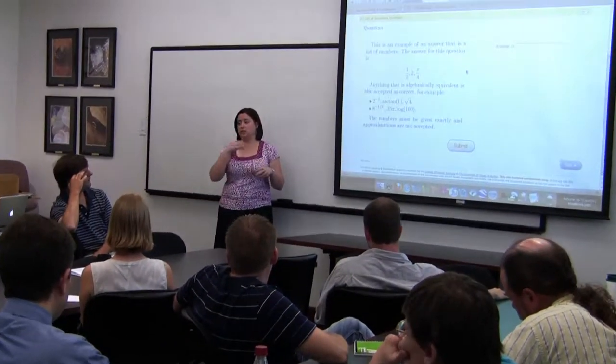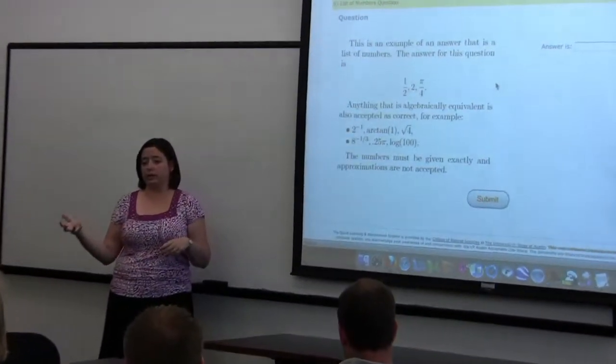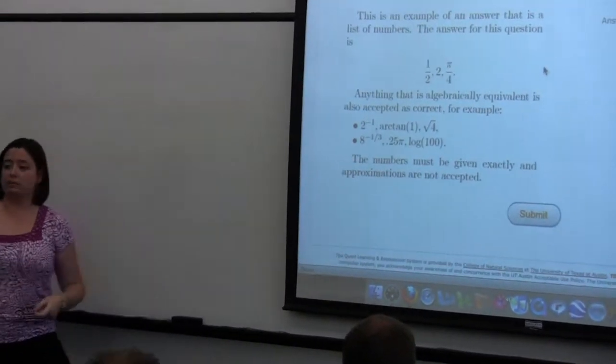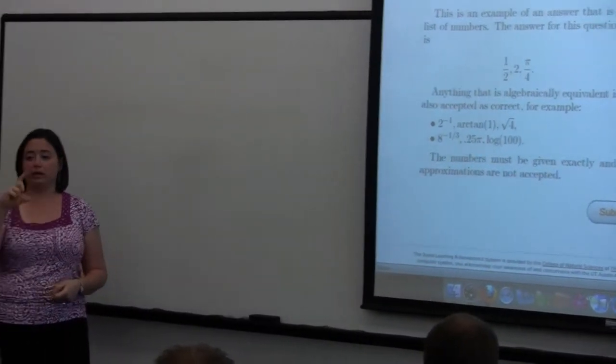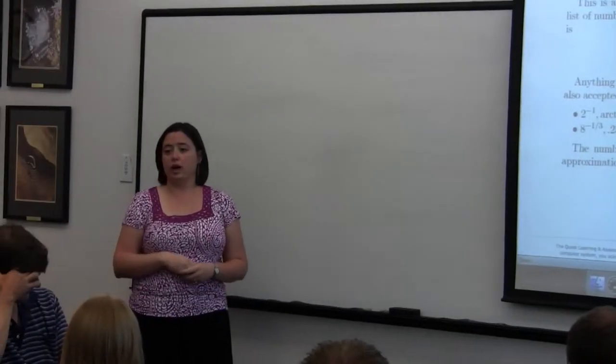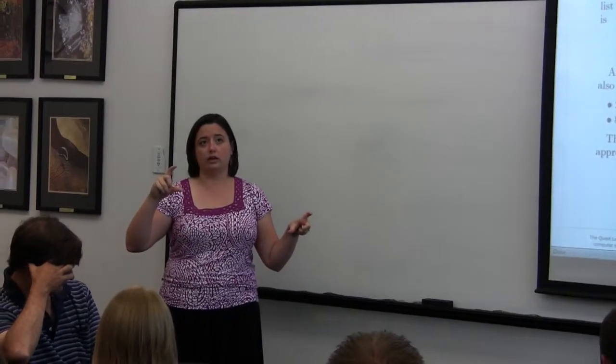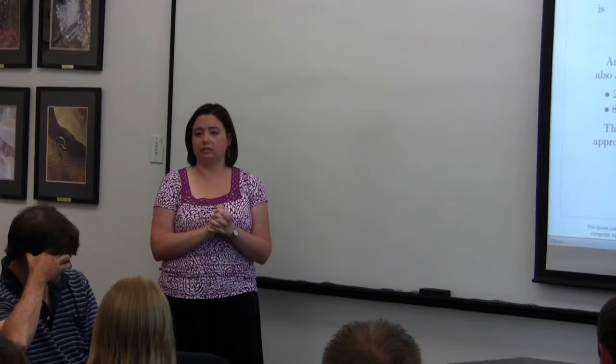The way that we decide whether it's true or not is we separate it at the commas, we take each piece individually and say, is it the same as something in the list that's defined as the correct answer? So the Mathematica part comes in deciding whether the elements are the same, not in the whole collection together. Does that make sense?